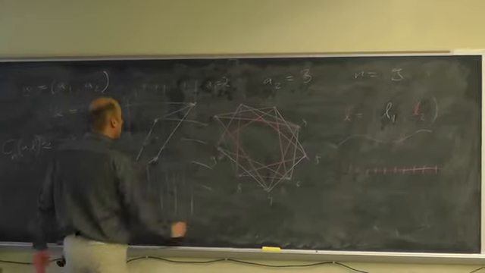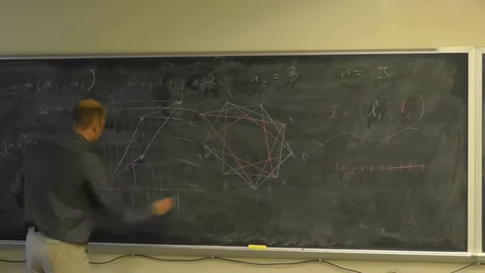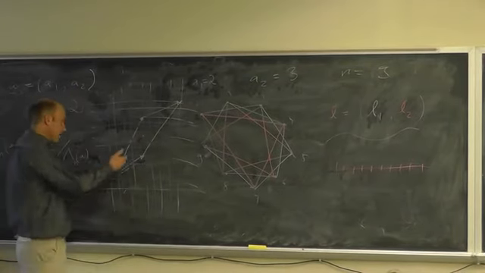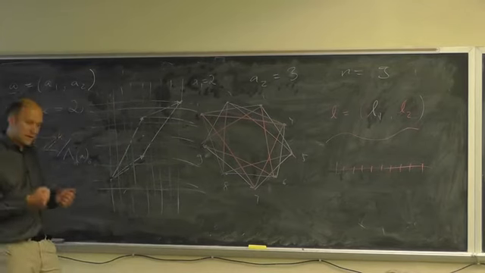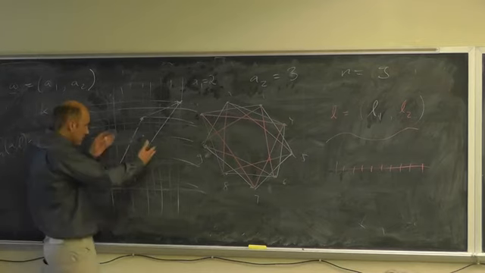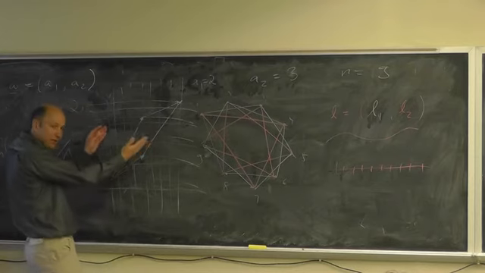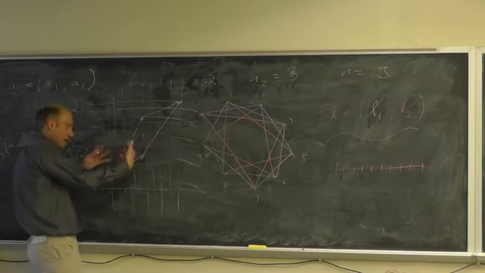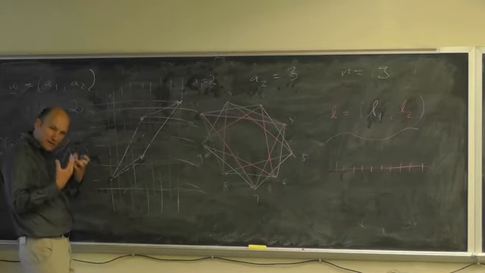You scale out, and the number of vertices increases, so the index of this lattice subgroup still has to be n. So I'm looking at a scaling where I keep that fundamental domain macroscopic, and the lines become finer and finer, and so they approximate R^2.